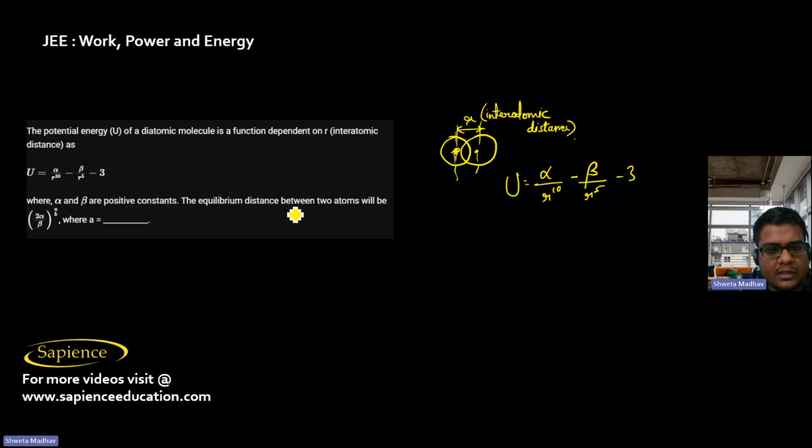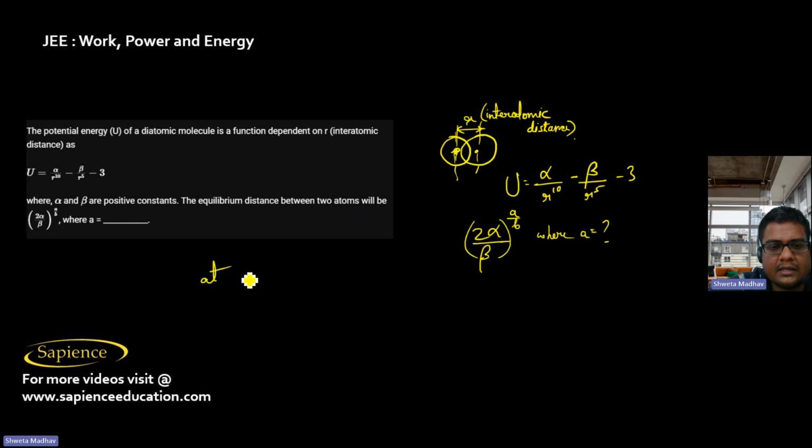The equilibrium distance between the two atoms will be 2 alpha by beta power a by b, where a will be how much? The equilibrium distance we have to find.